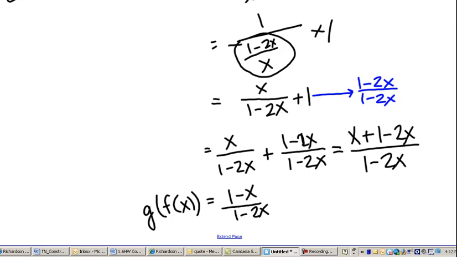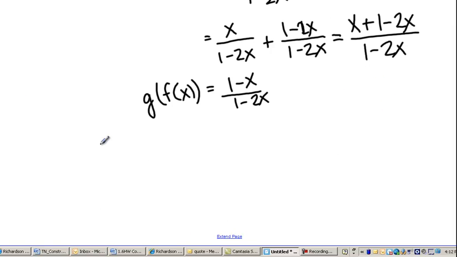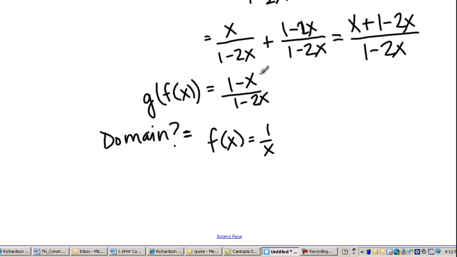Okay, now they want us to know what is the domain of that. So the domain. As I stated up front, your domain has to satisfy the inner equation, which is our f of x. And if you don't remember, our f of x was 1 over x, and it needs to satisfy the composition.